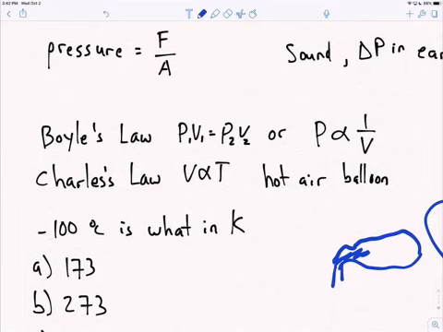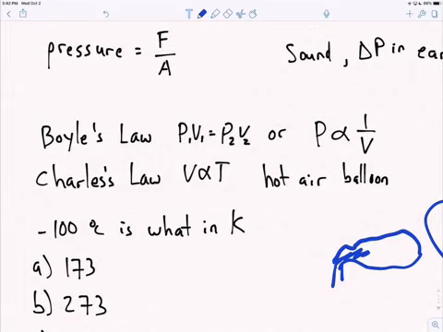But you can combine them with a combined gas law, which we're not going to cover, but then we're going to work to the ideal gas law, where you can get several different cases. So, all right, moving on.